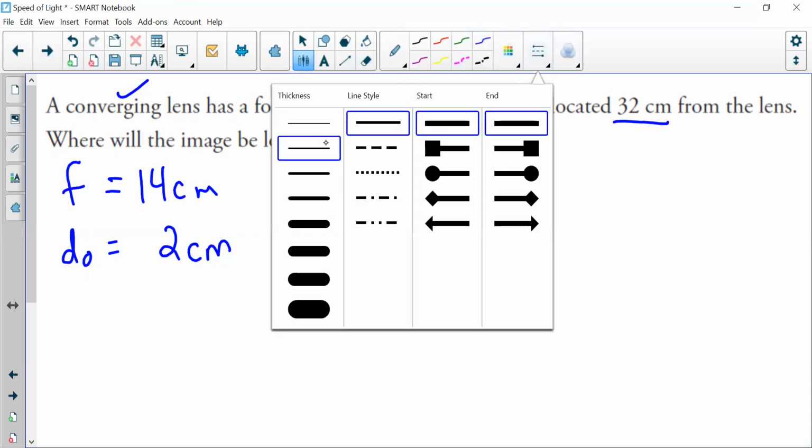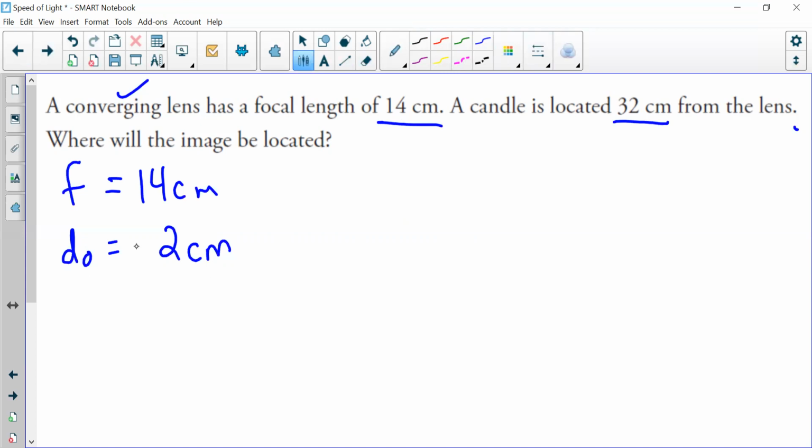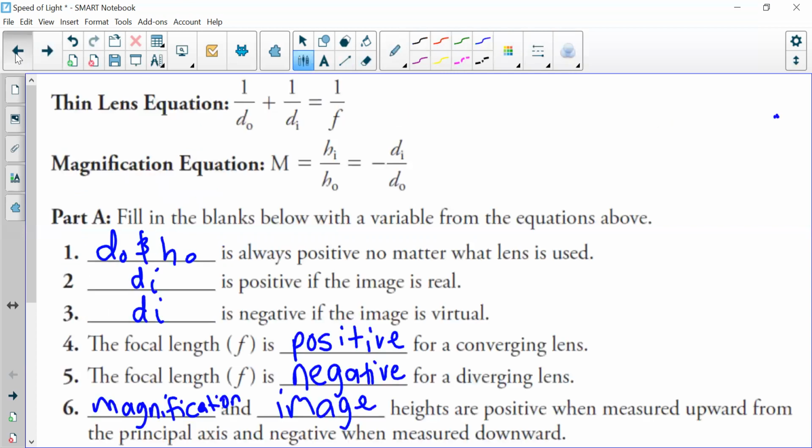And what are we solving for? DI. DI, good. Distance of the image. All right, so what formula would we use? If I have F, I have DO, and I'm looking for DI, the thin lens equation or magnification?